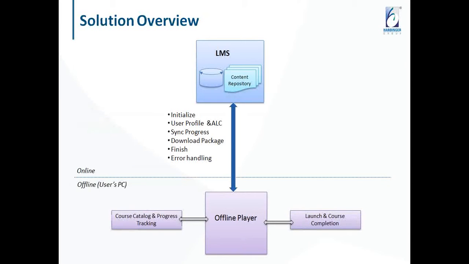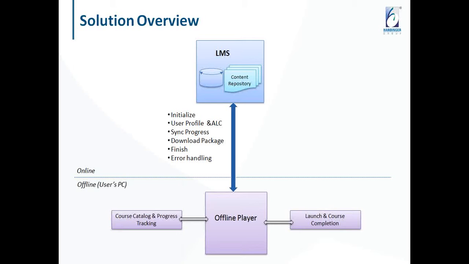Now, this is the solution overview, wherein in the upper part you can see an LMS with the content repository, and in the lower part there is an offline player which can download the content and put it on the individual machines.